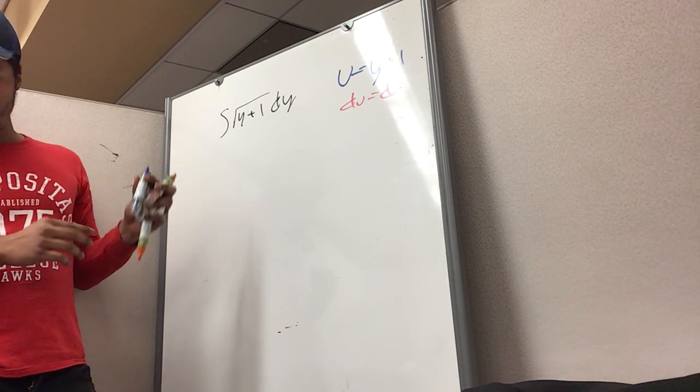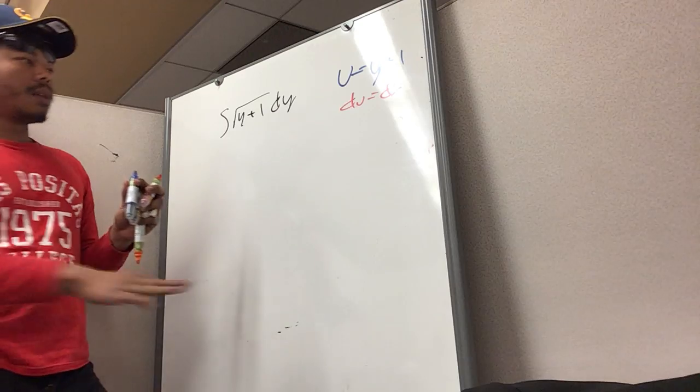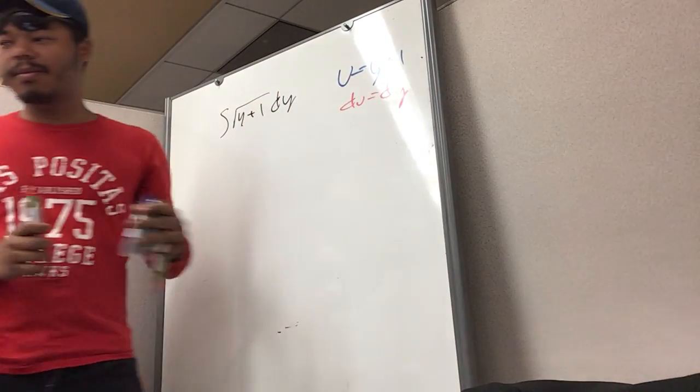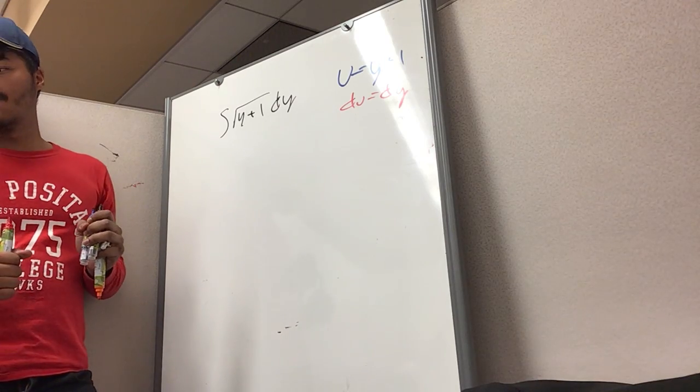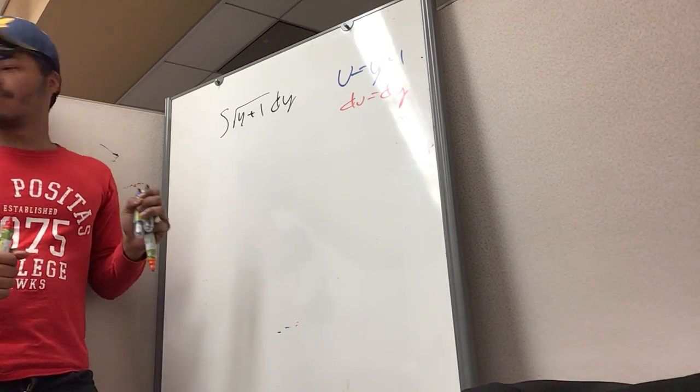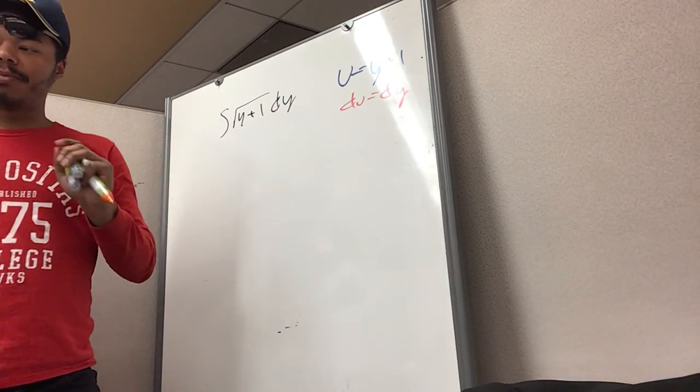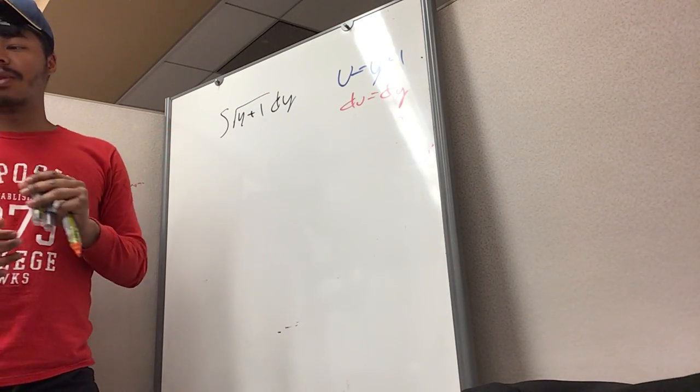Derivative of 1 is 0. Isn't du y squared over 2 times dy? When you take the derivative, you subtract the power. So it's just 1.